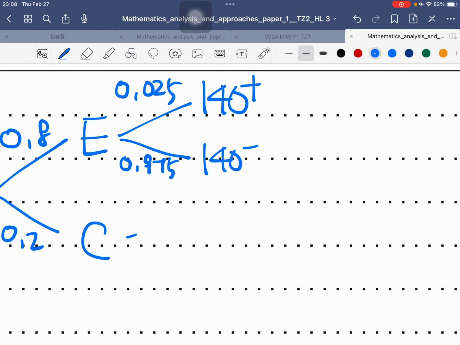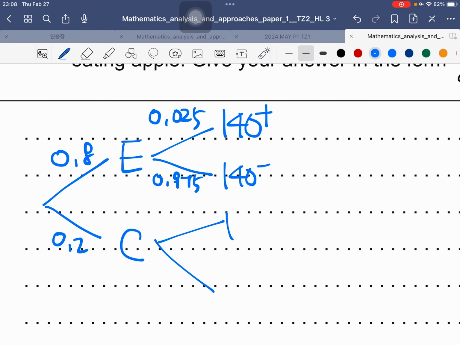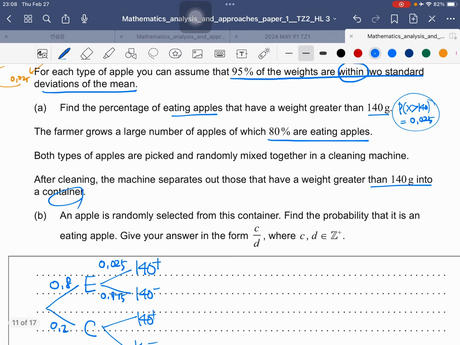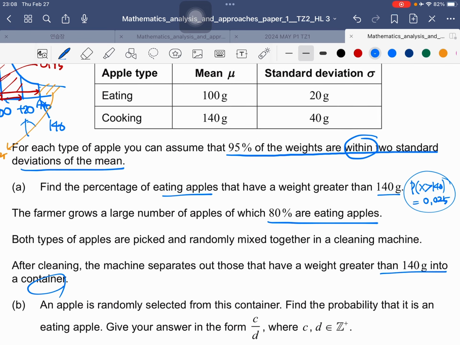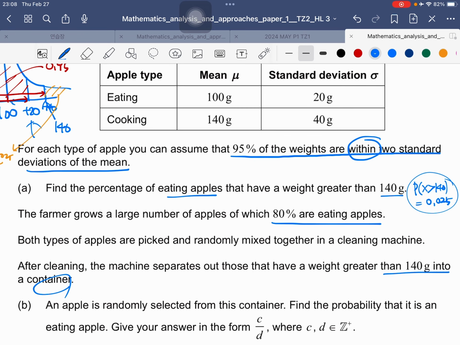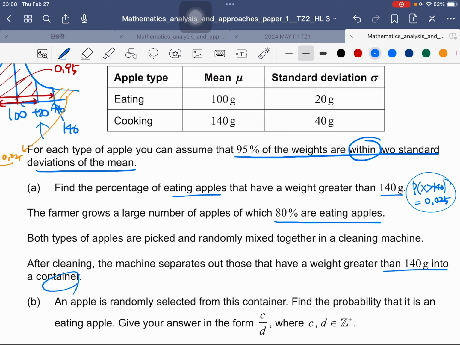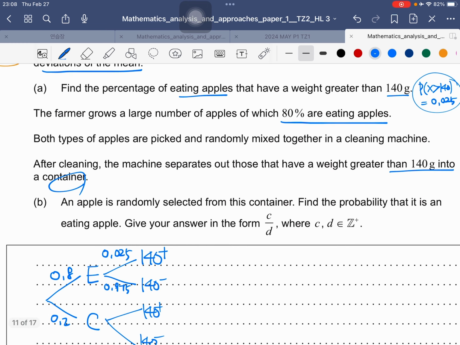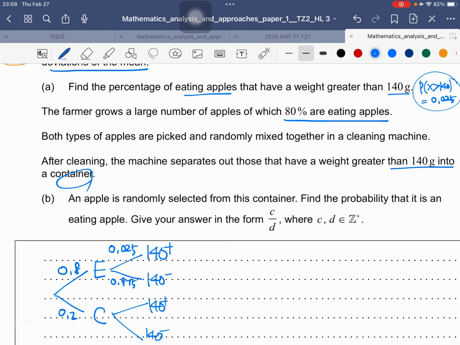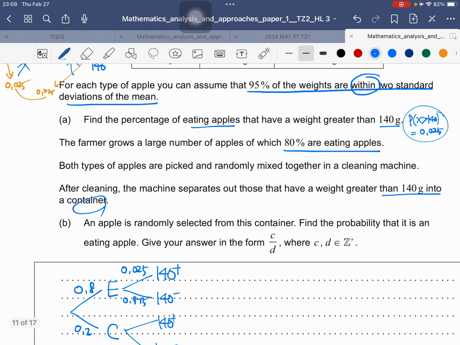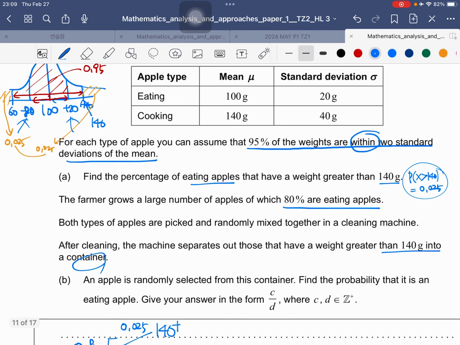For cooking apple, the probability greater than 140 or less than 140.